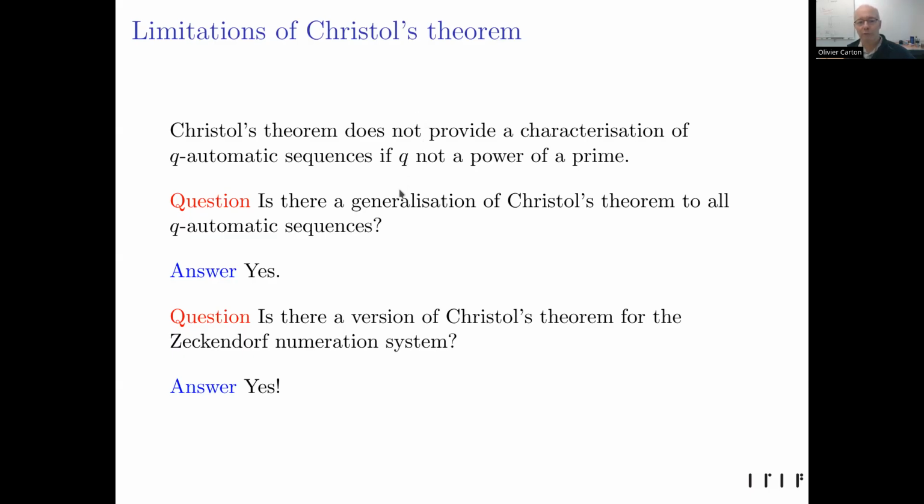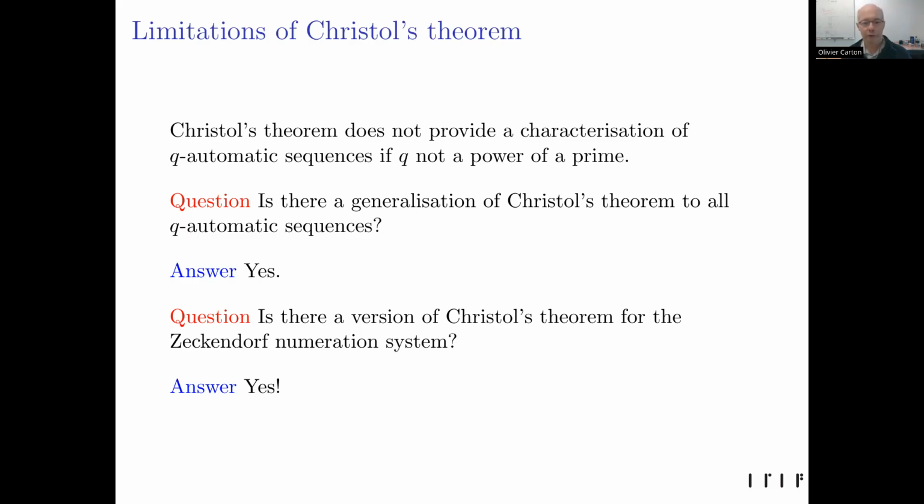So we would like to have a generalization of Christol's theorem to all q-automatic sequences, not only for powers of primes. I spoil a little bit: the answer is yes. And also, this is what we have tried to do with him. Is there a version of this Christol theorem, or an extension, to the setting of the Zeckendorf numeration system? And the answer, as we will see, is again yes.